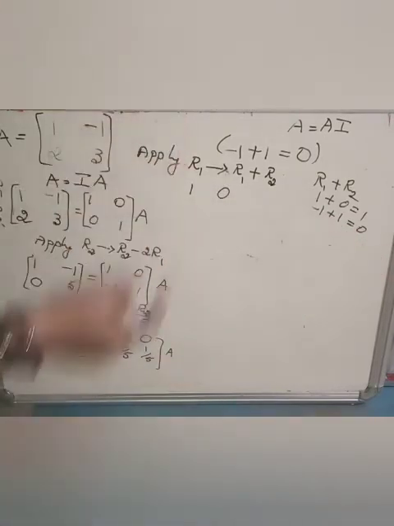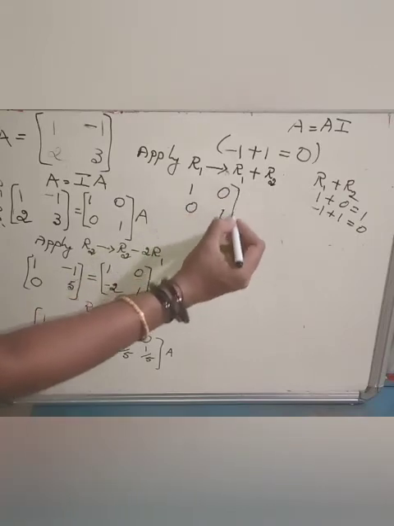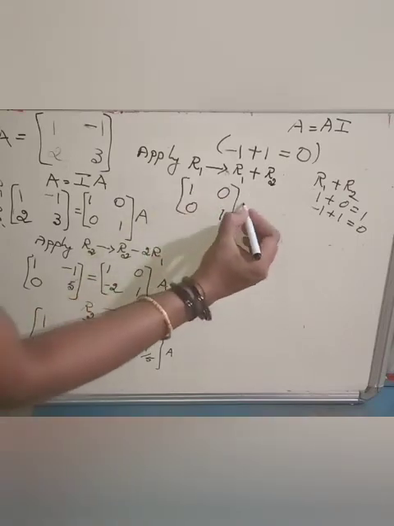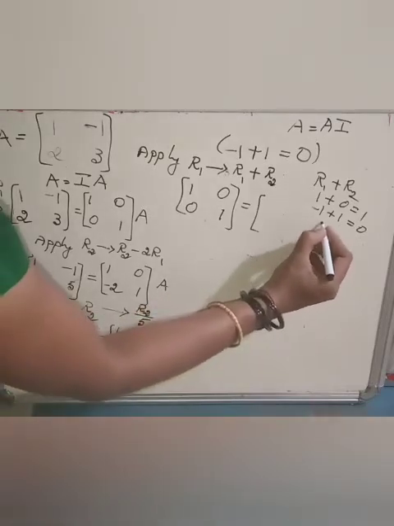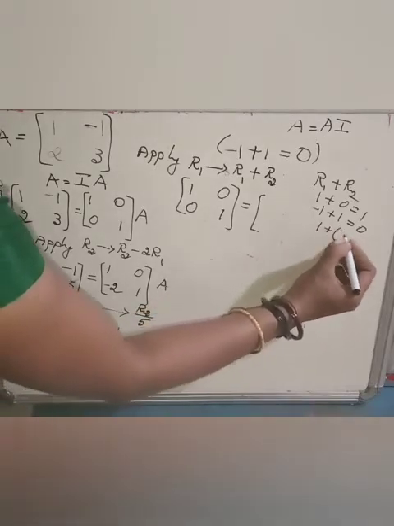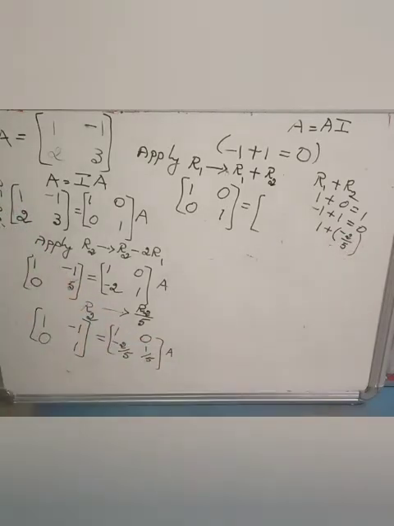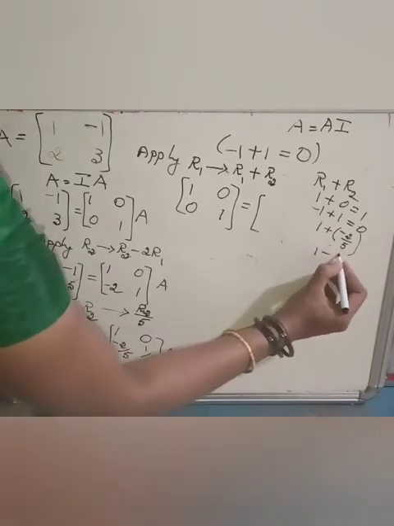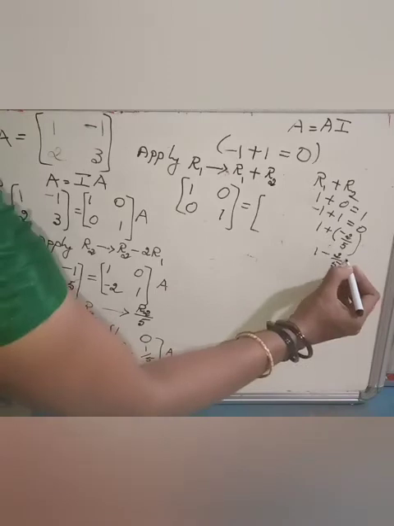Only changes in R1. Write the R2 entries as it is. So 1, 0, 0, 1 is equal to, here, R1 plus R2. R1 is 1 plus R2 is minus 2 by 5. This becomes 1 minus 2 by 5. What is 1 minus 2 by 5? That is 3 divided by 5.